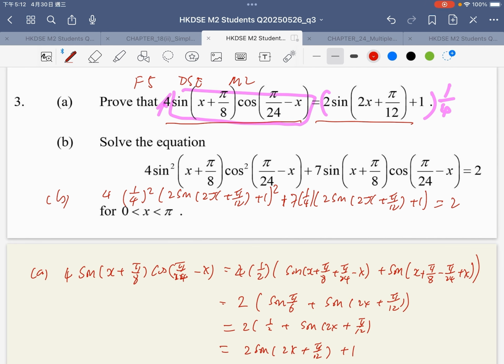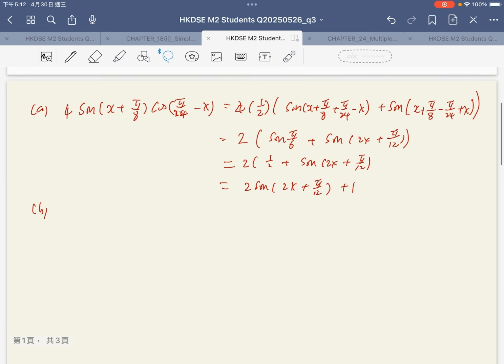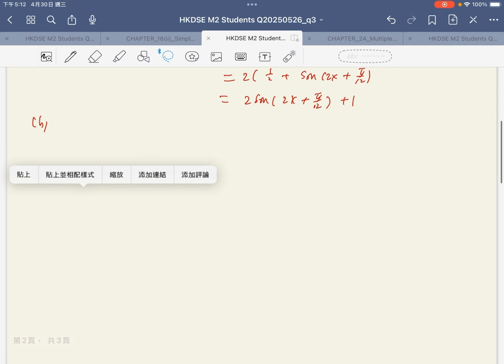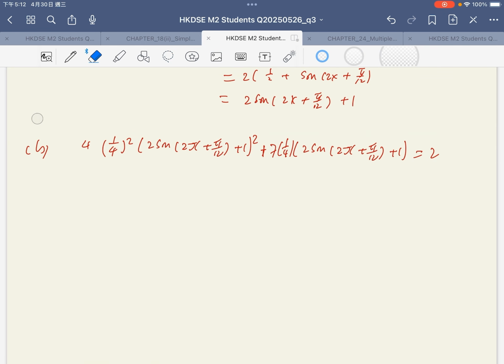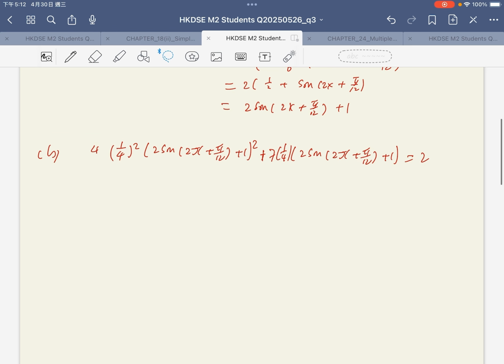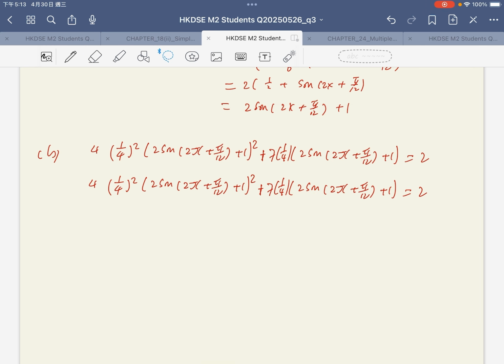That's part B. Okay, I write this in. Okay, simplify this one. This is 1 over 4 overall, 1 over 4. This is 7 over 4.